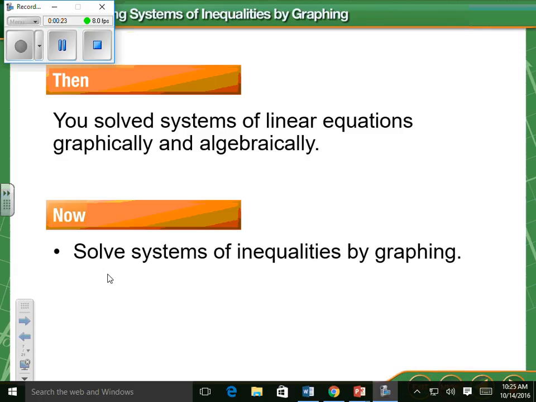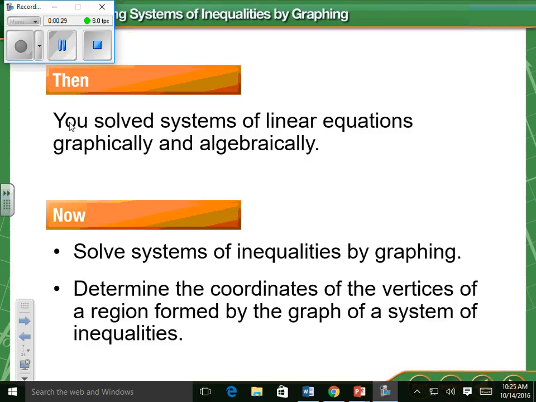Now we're going to solve systems of inequalities using graphing. We're also going to determine coordinates of different intersection points or vertices on a shaded area, on a solution area for systems of inequalities where there could be three or more equations or inequalities.